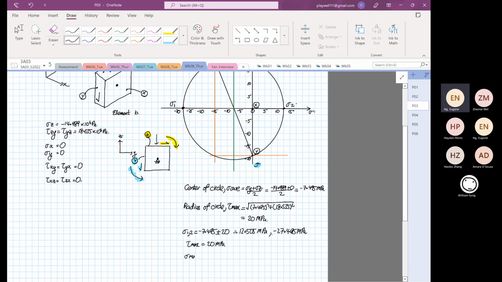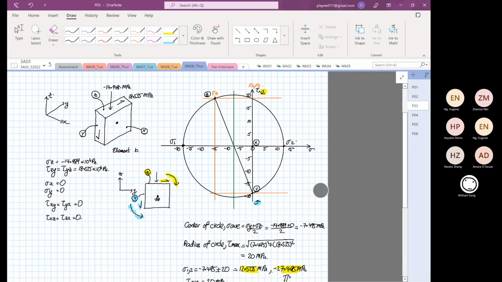Now, our principal stresses for this case are 12.505 and 27.495. So when you do material selection, you use the highest magnitude, because 12.505 is smaller than 27. So you use the highest magnitude to select your material. Don't look at direction for this case.